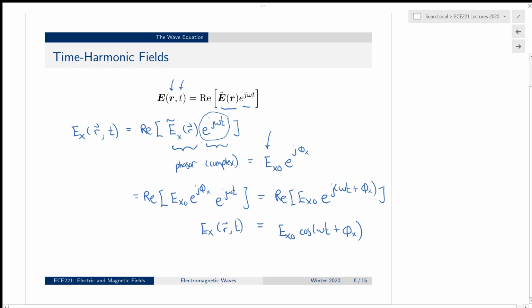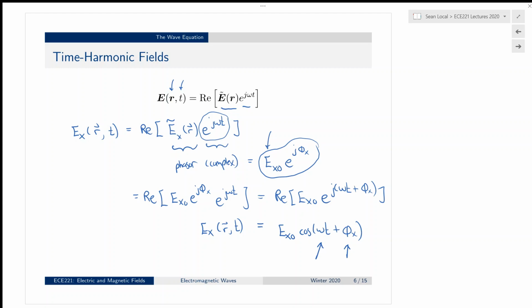And now you can see the spatial dependence is captured in phi x. We haven't defined what phi x is yet. And the time dependence is in omega t. And we end up with an expression that depends both on space and time. But it's a nice compact representation when we use this phasor form, because before we applied this real part, we have this super compact way of capturing the information about the sinusoidal dependence of E and its dependence on space with this compact two-term expression here.